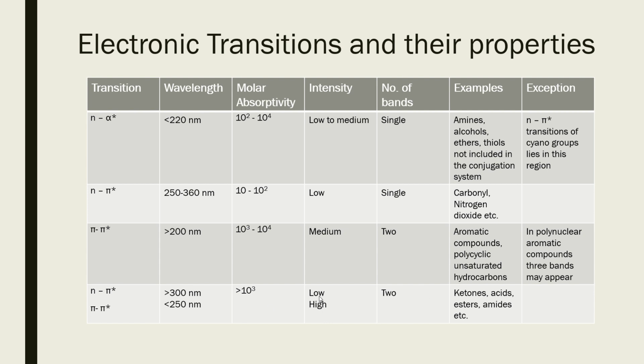Intensity of one band, that of n to pi star, is very low, whereas the intensity of pi to pi star is high, with molar absorptivity more than 10 to the power 3. The n to pi star band lies in the region of more than 300 nanometer, whereas the pi to pi star lies in the region of less than 250 nanometer.